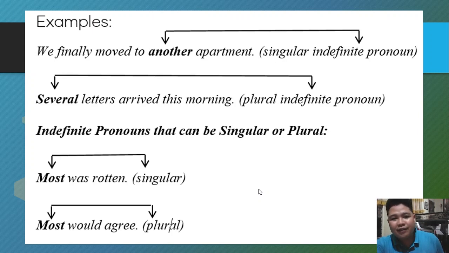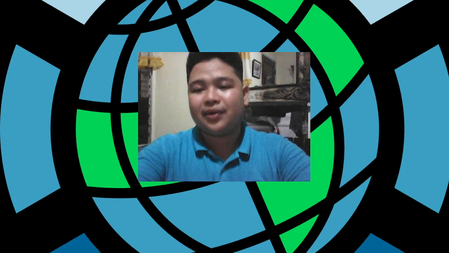So when you say "several," again, it's a plural indefinite pronoun. Okay, next example. Indefinite pronouns that can be singular or plural. Most was rotten. Okay, so "most was rotten," it's singular. And next, most would agree, and the function is a plural indefinite pronoun.